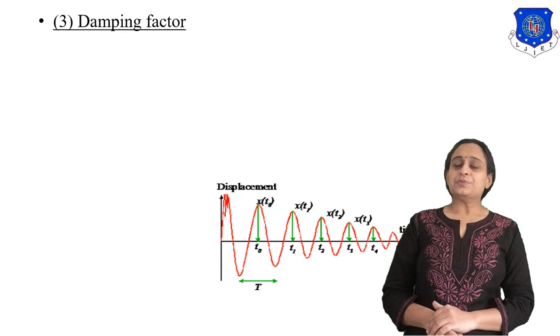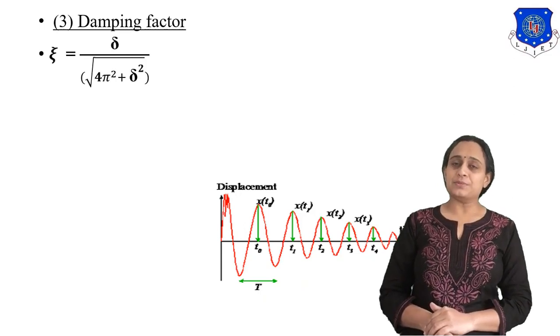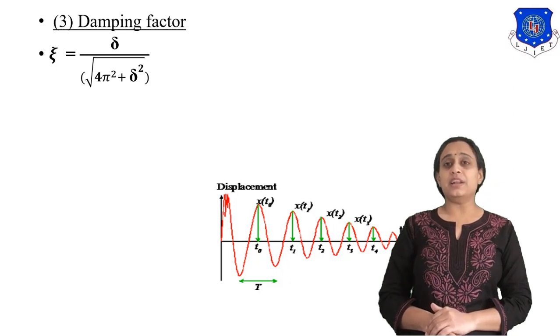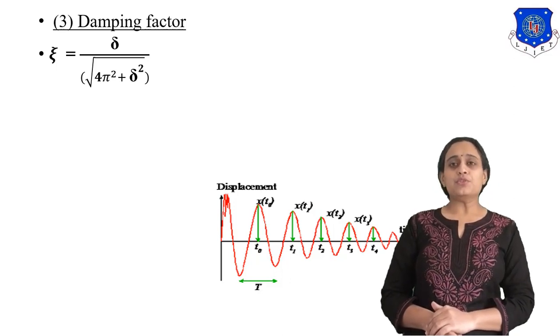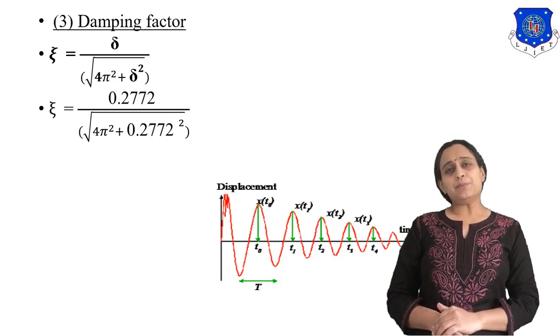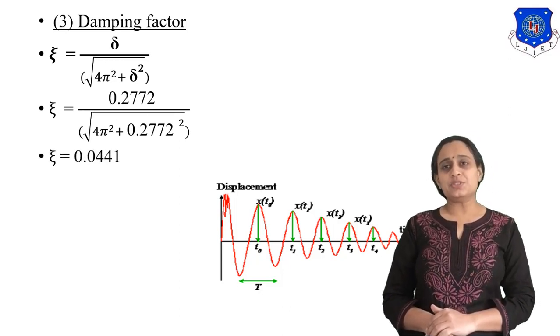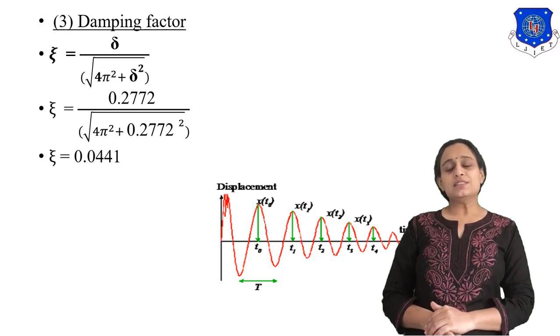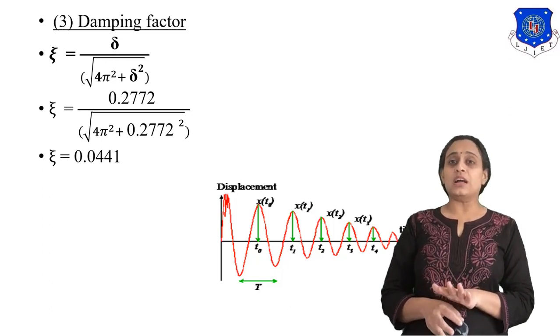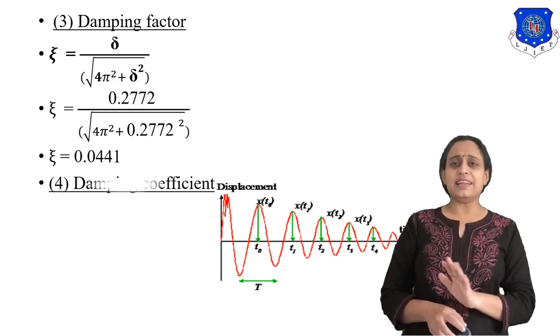Okay, now next is damping factor. The equation of damping factor zeta is equal to delta upon under root of 4 pi square plus delta square. Now by putting the delta value, we will get zeta as 0.0441, and zeta and delta, they both are unitless quantities.